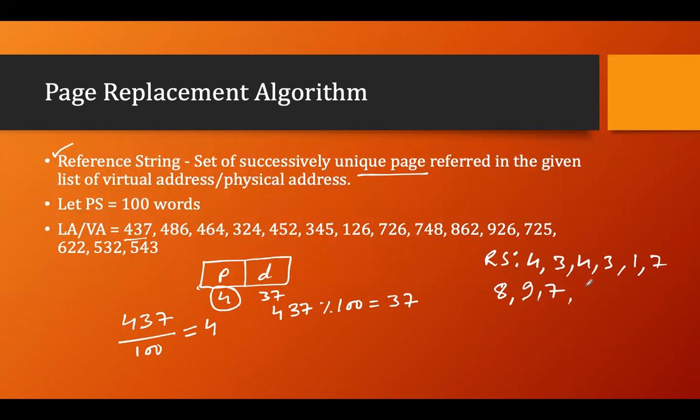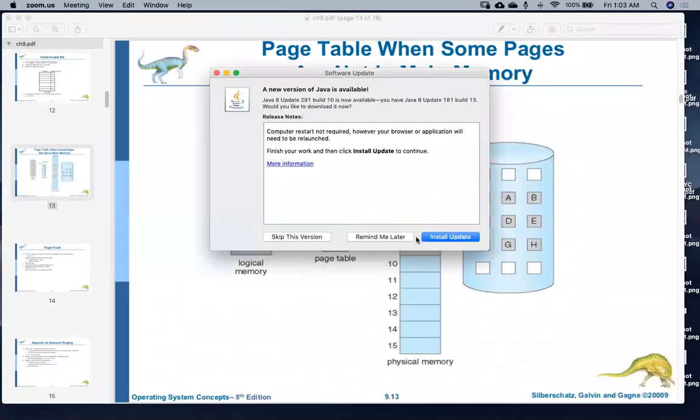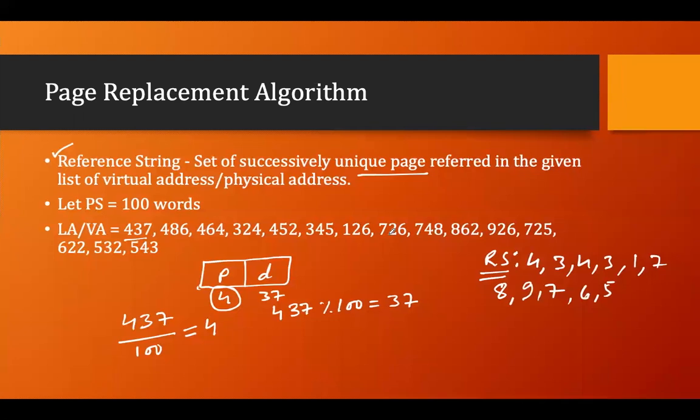So we take 6 and 5, and the other 5 we are not going to take. So this will be taken as the reference string if the logical address is given.